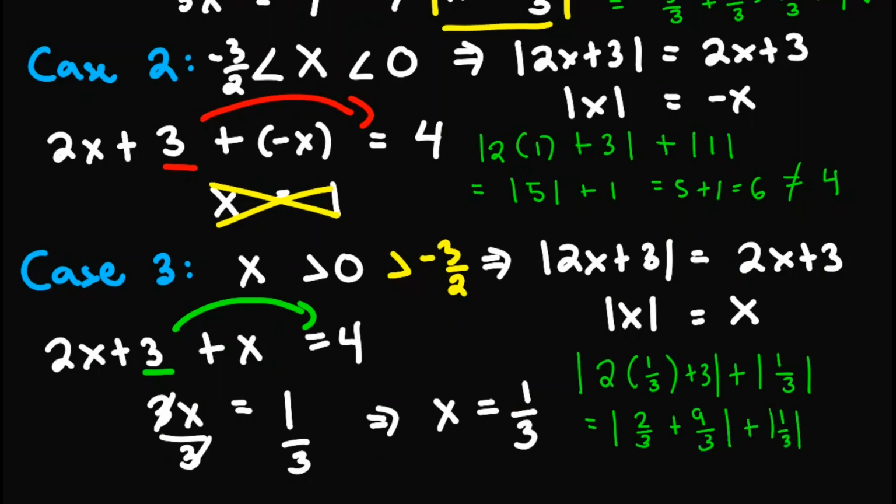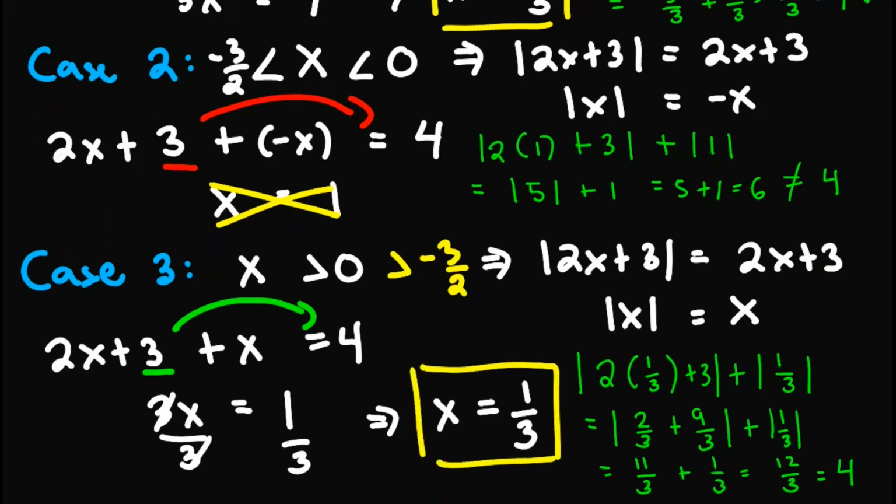On the left side, this simplifies to 11 over 3. And on the right side, we've got 1 over 3. When added, we'll have 12 over 3, which is simply 4. So it's correct. So x equals 1 over 3 is a valid solution to this problem.